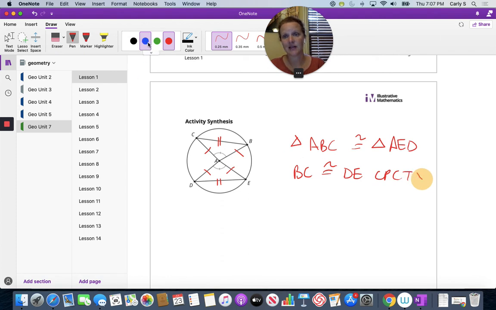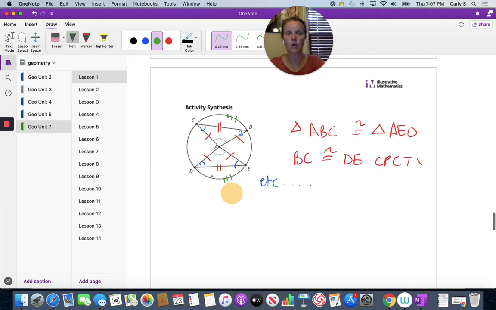I can also say that this angle is equal to that angle, this angle is equal to this angle, etc. Because the triangles are congruent, everything's congruent. Oh, and very important, this arc is congruent to this arc. That's just something we've now proven.